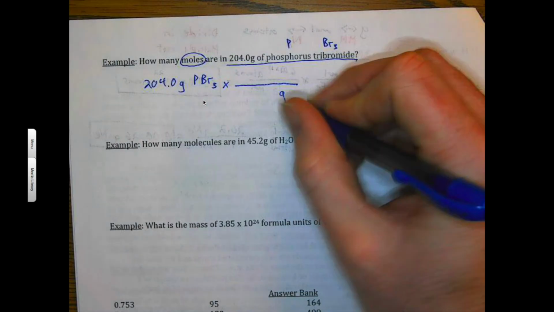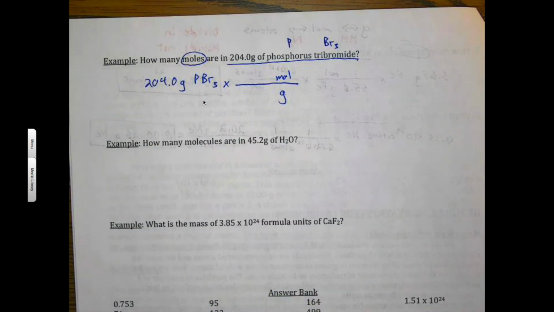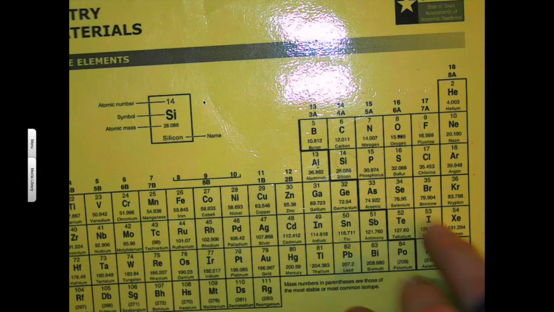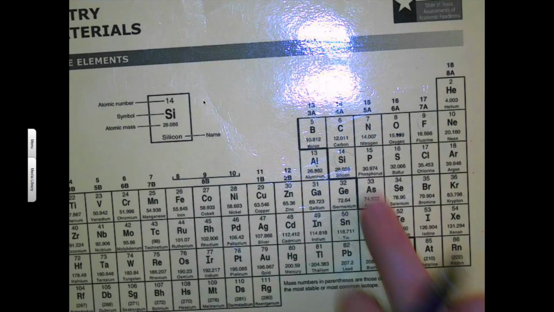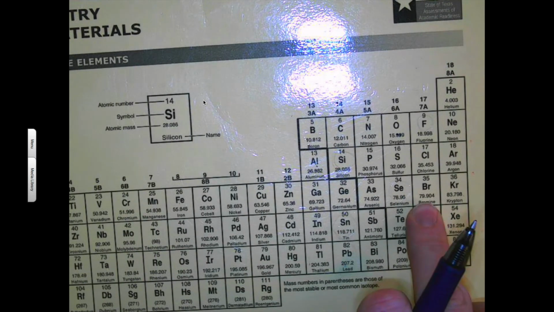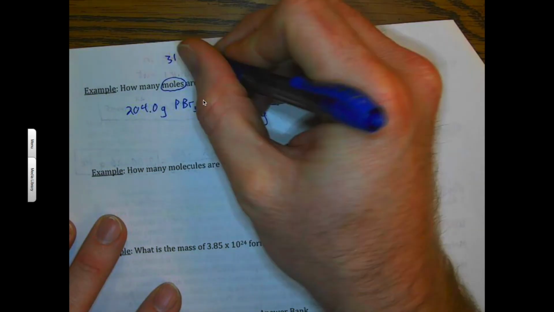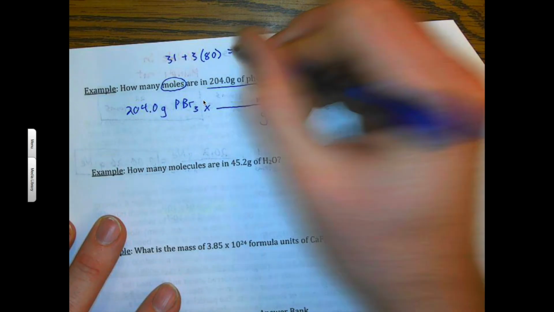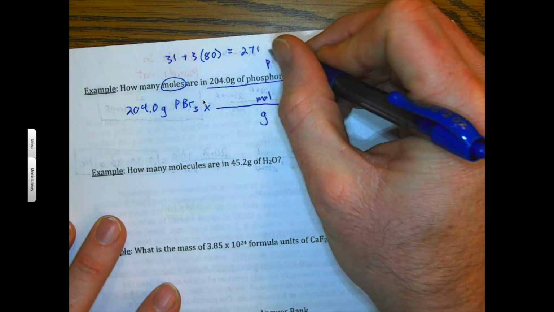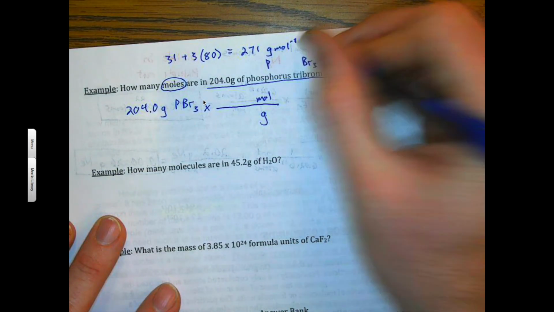So we're going to take grams to moles. G stands for go to the periodic table. We're going to look at phosphorus. Phosphorus is going to be 31, and then bromine is going to be 80. Okay, so we're going to do 31 plus 3 times 80, and that's going to give us 271 grams per mole. I used the inverse one. I hope that doesn't bother y'all.